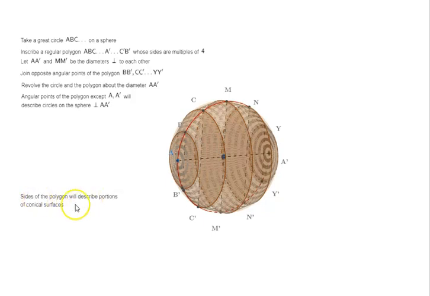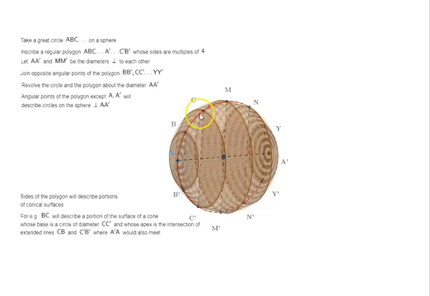Now, the sides of the polygon will describe portions of conical surfaces. For example, let's take BC as a side of the polygon. We extend it. Similarly, C'B', we extend it. Here they will intersect each other at a point at which A'A, when it is extended, will also meet.